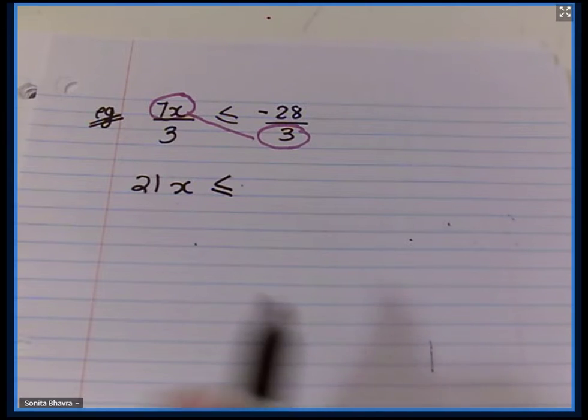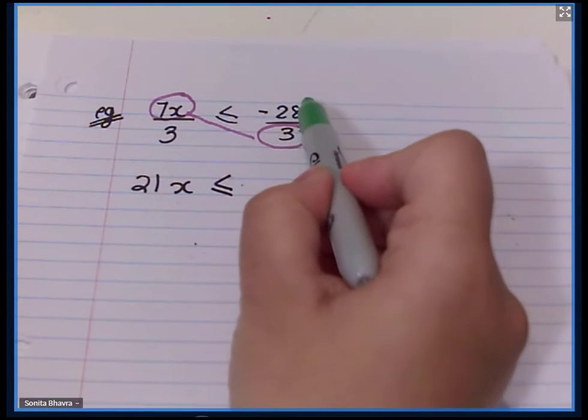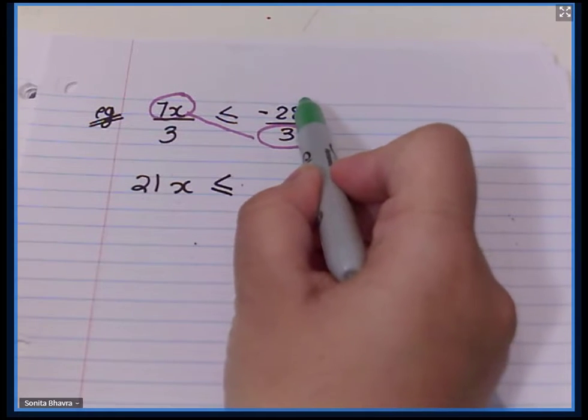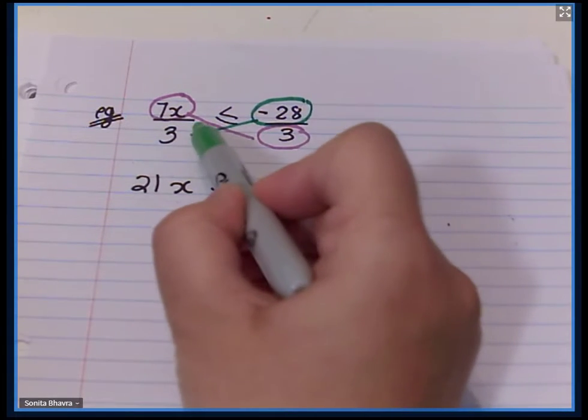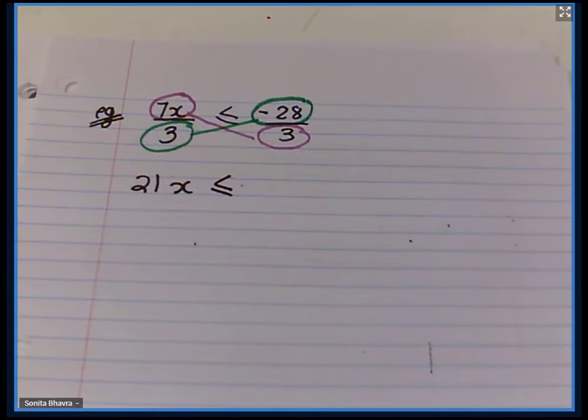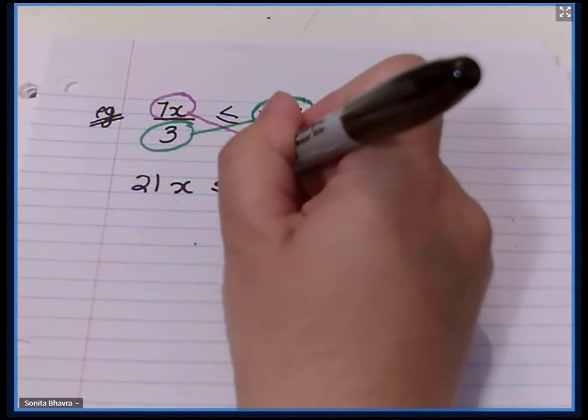And it's less than and equal to, we have to take our top right and multiply it with the bottom left. So it's negative 28 times 3, which is negative 84.